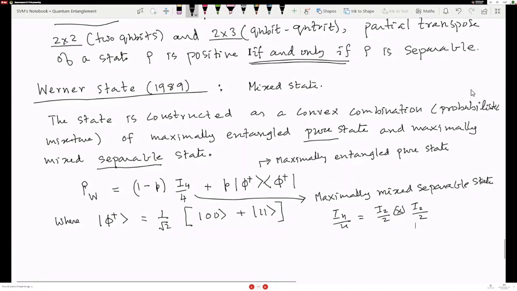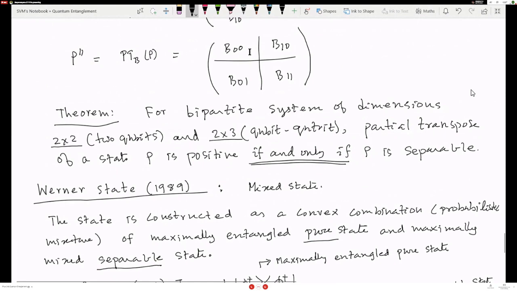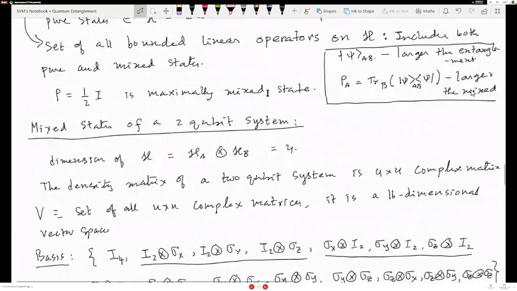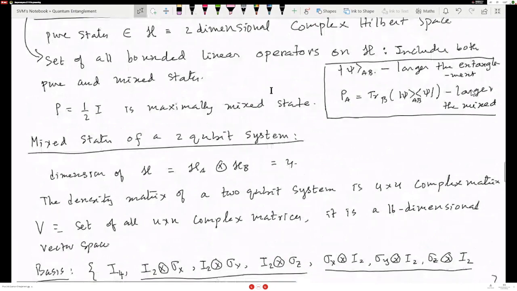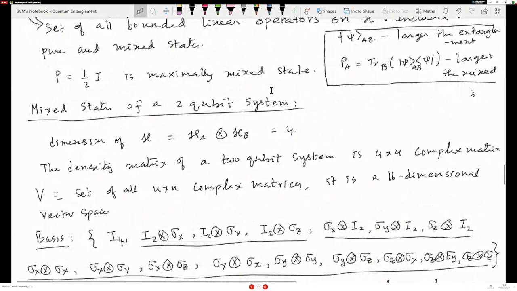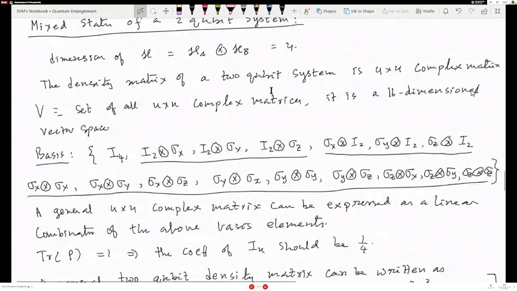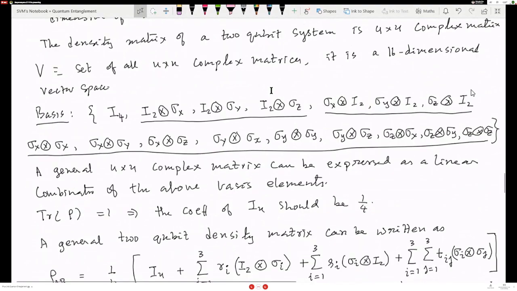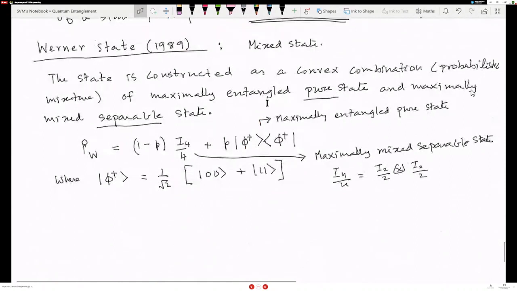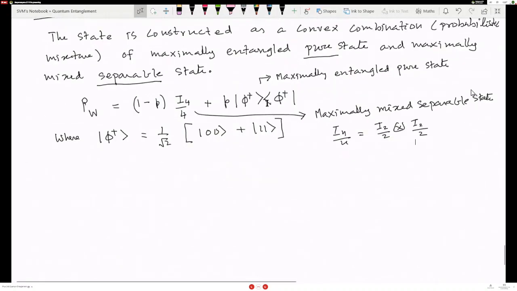I showed you in the Bloch sphere case that identity by 2 is the maximally mixed case. That is the origin. Now that can be generalized to any dimension. If you have a d-dimensional system, then 1 by d times the d cross d identity operator will be the maximally mixed state. Is there any proof for that?